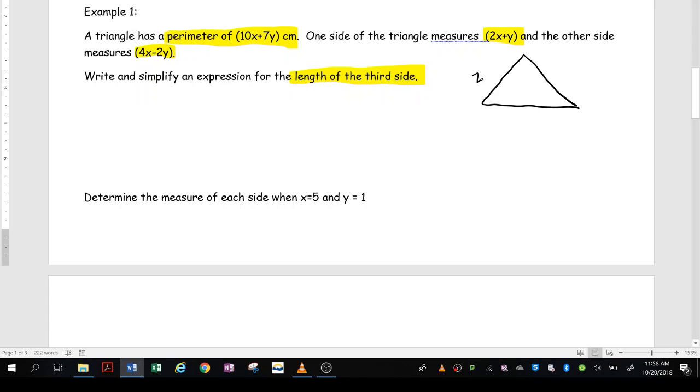We'll pick this side to be 2x plus y, and this side to be 4x minus 2y. Now we're also told that the perimeter is 10x plus 7y, and we know that the perimeter is the sum of all 3 sides. This is the third side that we don't know.